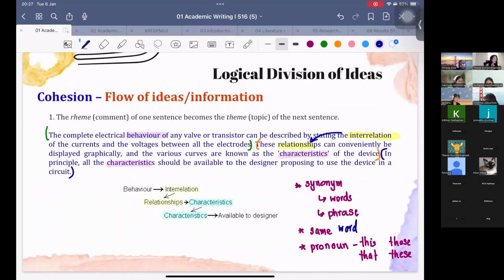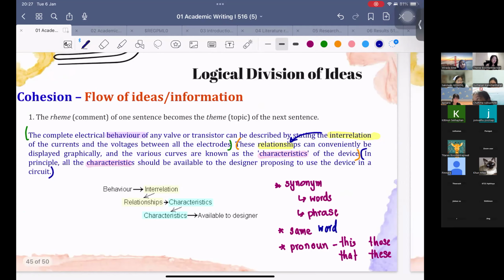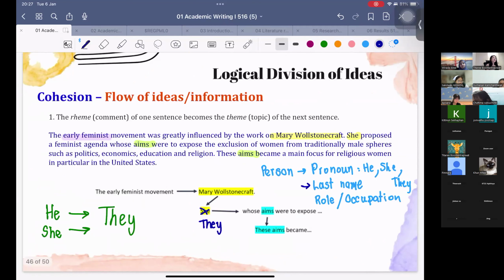When you need to further explain something, you might go with synonyms, or pronouns like this, that, those, what, where. But if it's a person's last name, role, or pronoun would be more appropriate. But last name would be the easiest one. Last name, not middle name, just the last name.